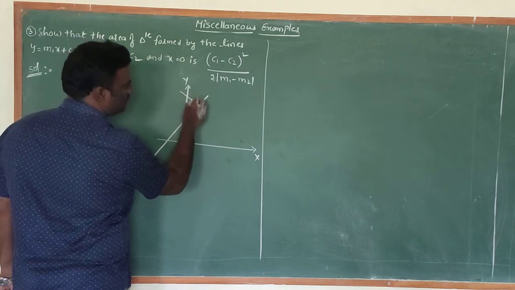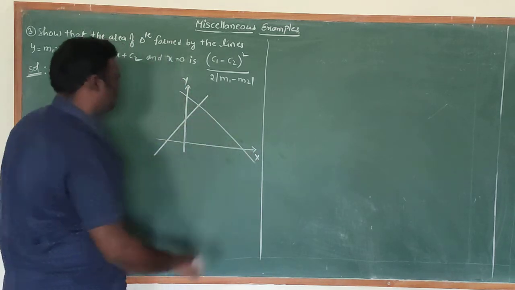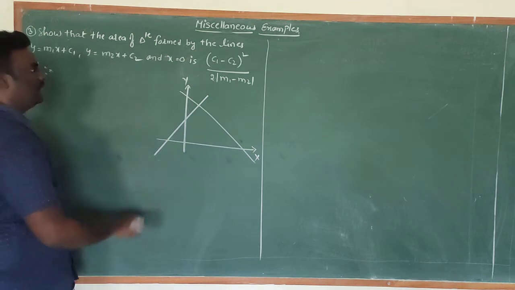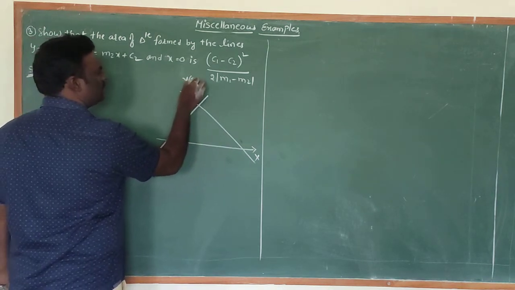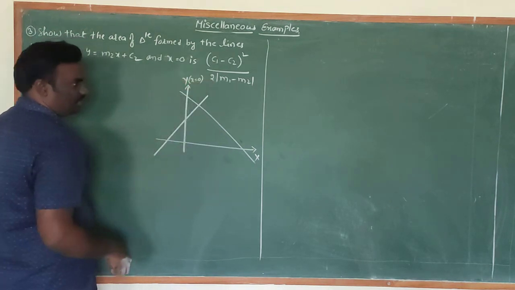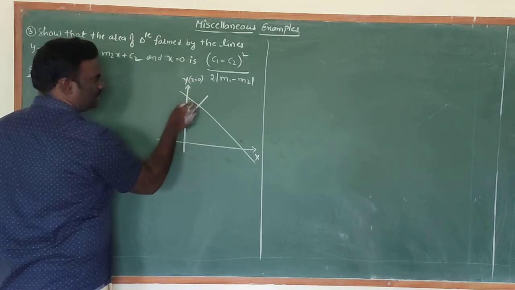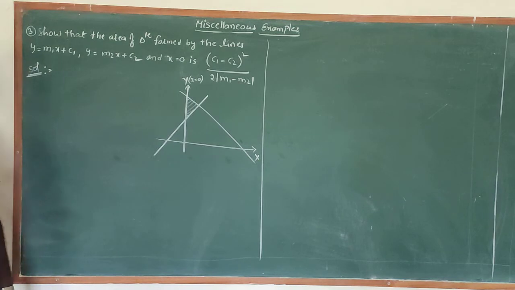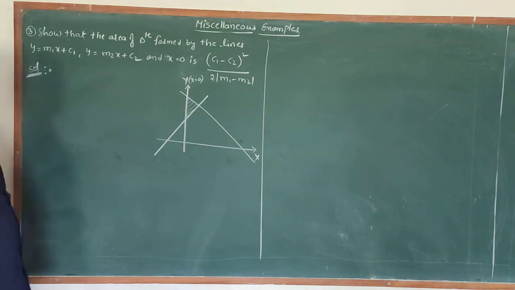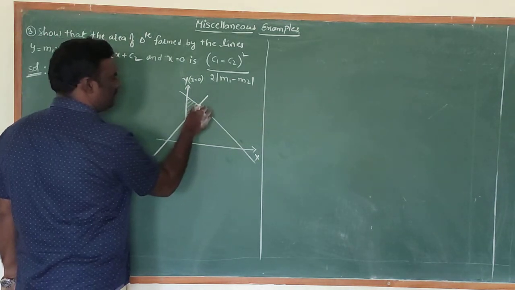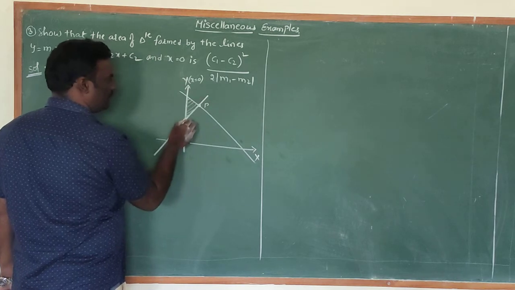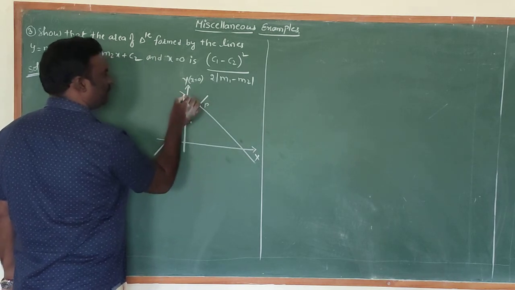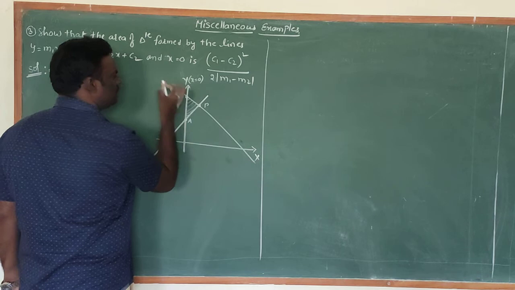This is one more line, and this is the y axis, that is nothing but x equals 0. We need to find the area of this one. Okay, this is P, this is A and this is B.